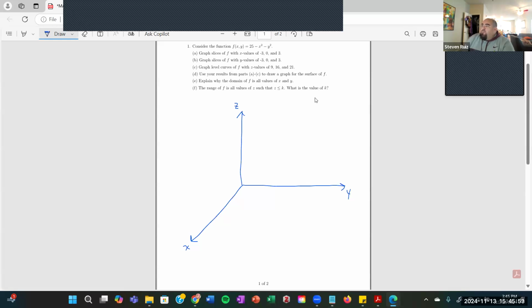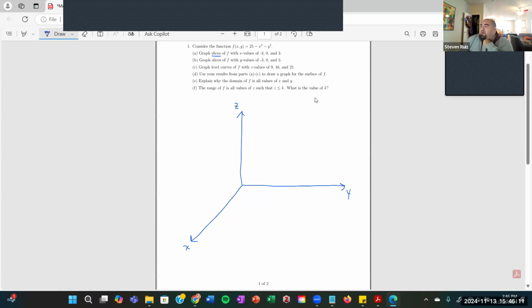So when we say we're graphing slices, basically what we're doing is this. I assume by now many of you are more comfortable with graphing single variable functions than graphing functions that have multiple independent variables.